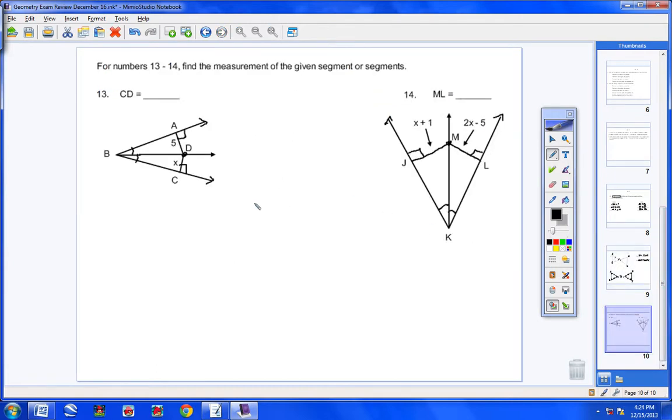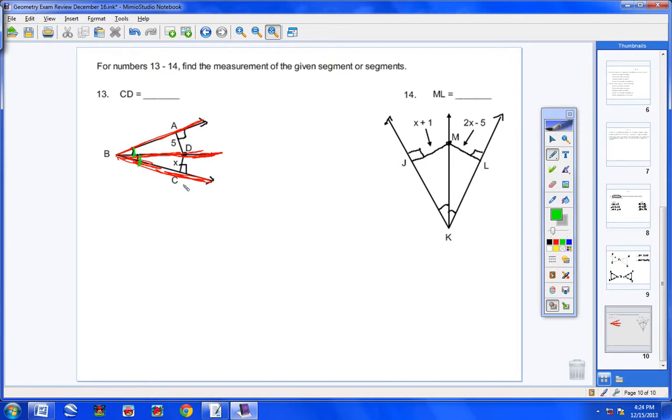Here's what you learned in class earlier in chapter 5. When you have an angle like this, let me highlight it in red, and within that angle you have a ray coming out, or a line or a segment, and it's done in such a way that this angle here is congruent to this angle here.